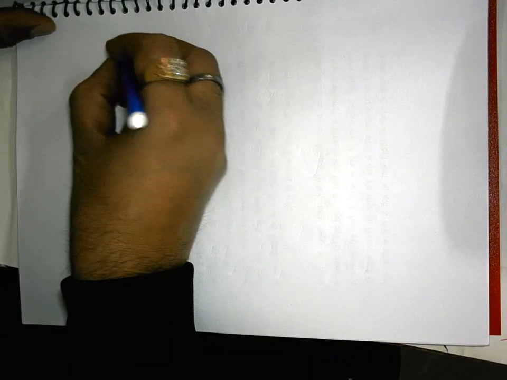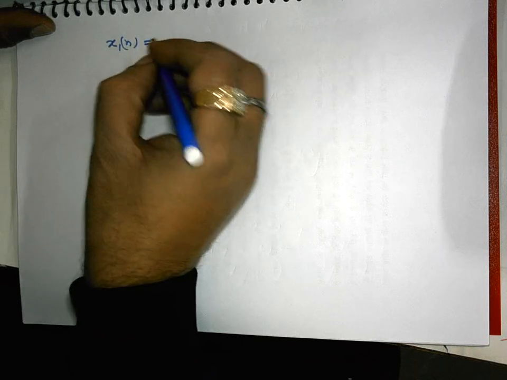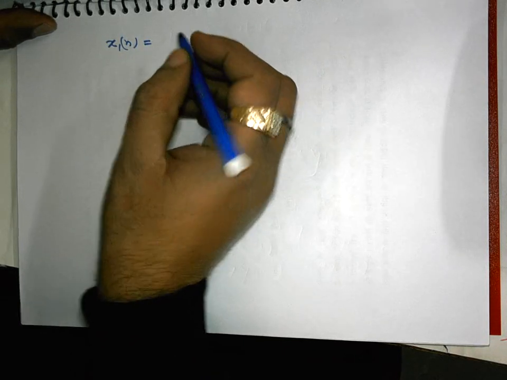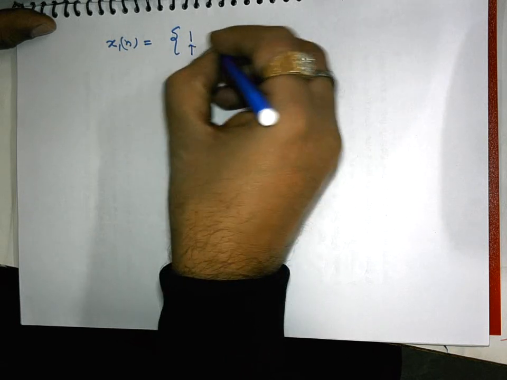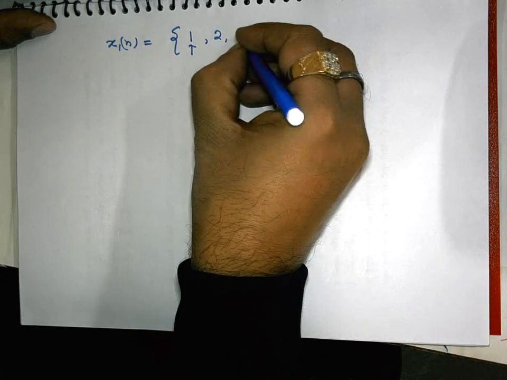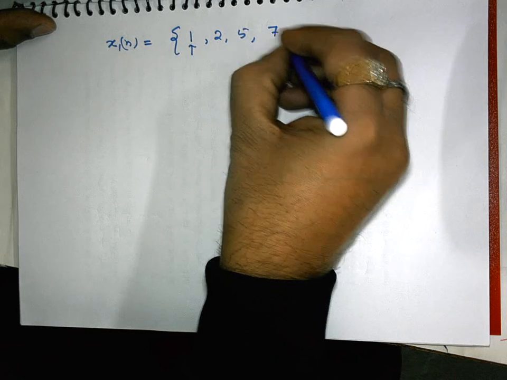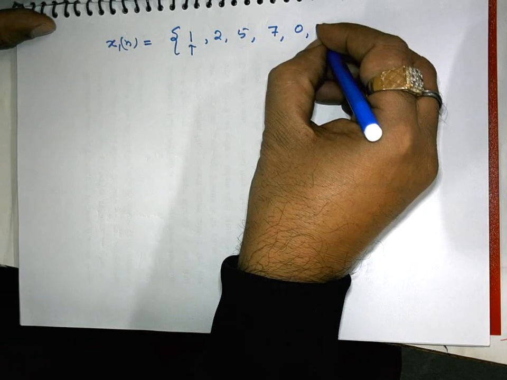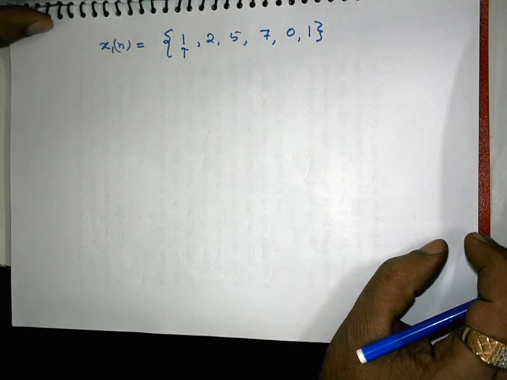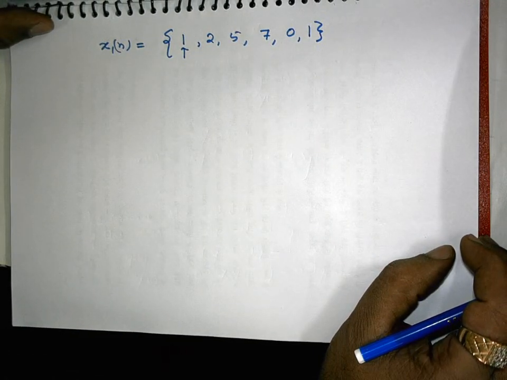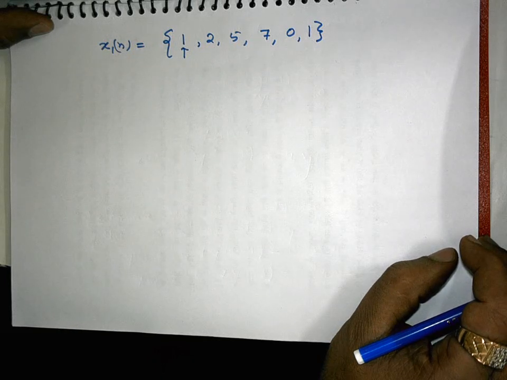Suppose we have a signal represented in discrete time, like this. This is the signal represented in time domain. Now we wish to represent this signal in Z domain.